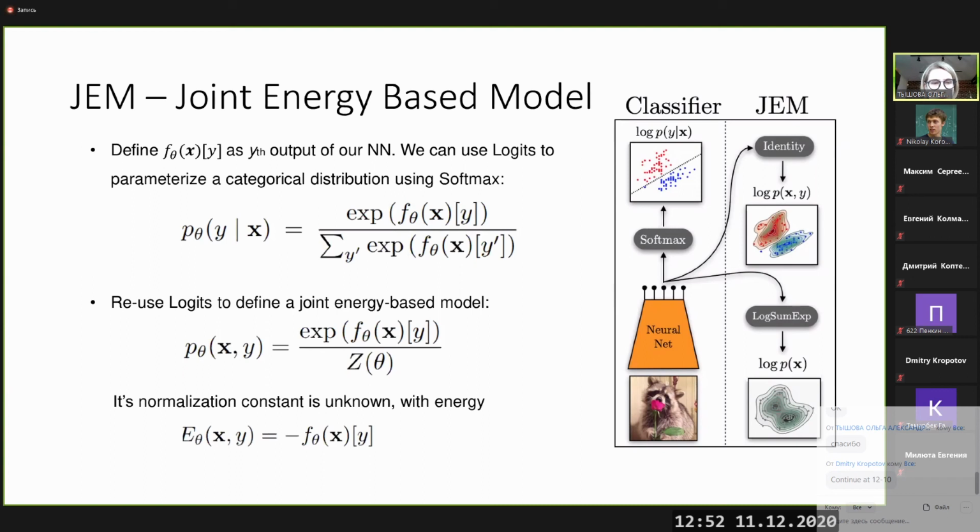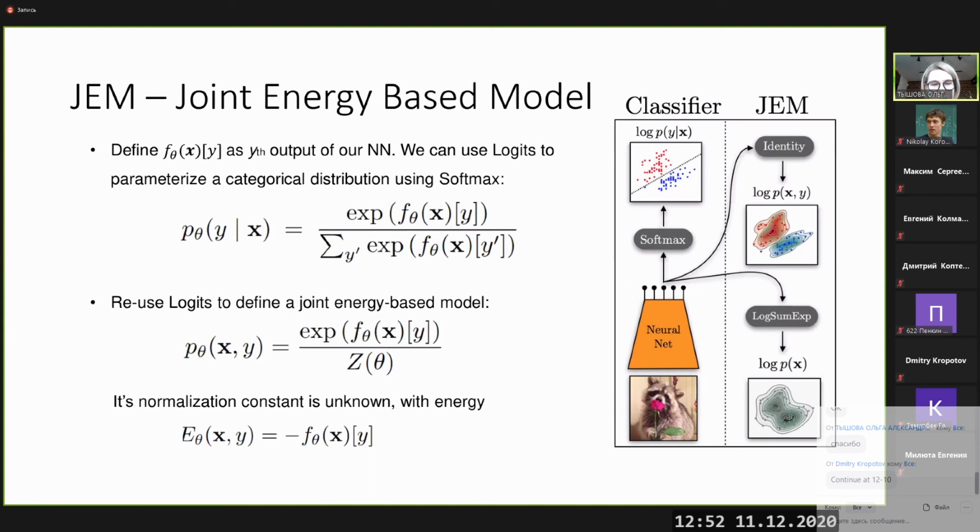And after that, the idea was to reuse these logits in order to define a joint energy-based model. So the joint probability of x and y is now described as the exponent of the energy function, which is equal to the negative output of our neural network, divided by some unknown normalization constant.